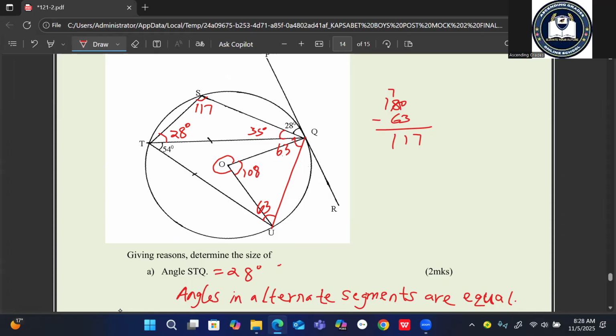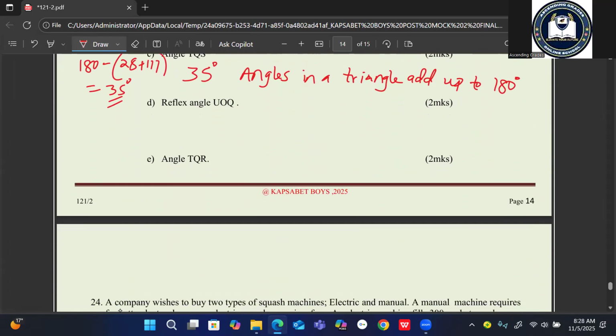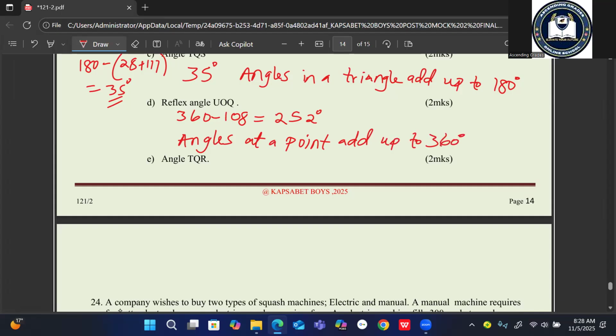Reason being that angles at a point add up to 360. So 360 minus 108 gives 252 degrees. Angles at a point add up to 360 degrees.